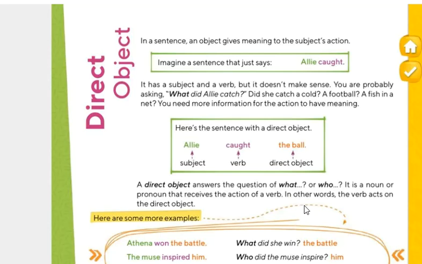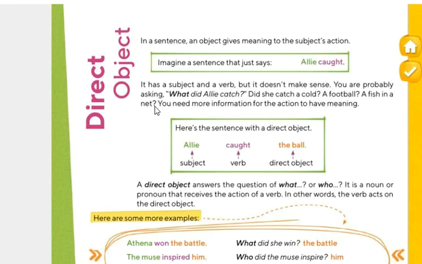And here we are. We continue with direct object. It says, in a sentence, an object gives meaning to the subject's action. Imagine a sentence that just says, Ali caught. It has a subject and a verb, but it doesn't make sense.